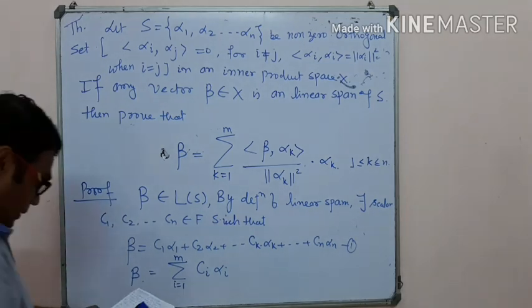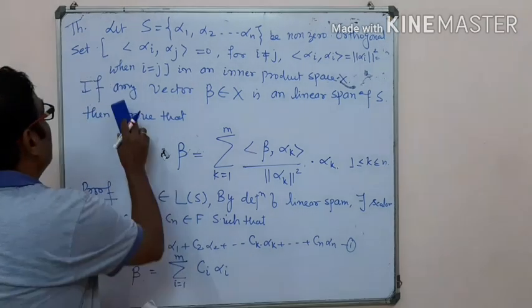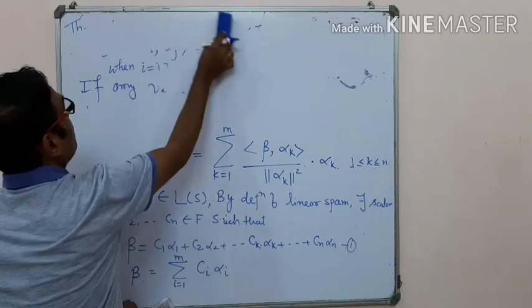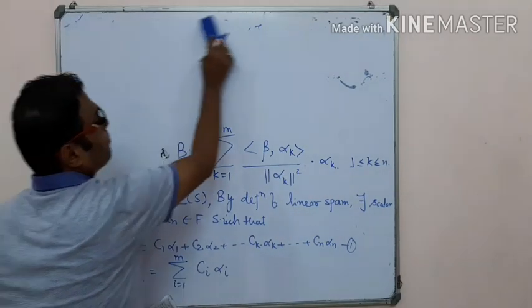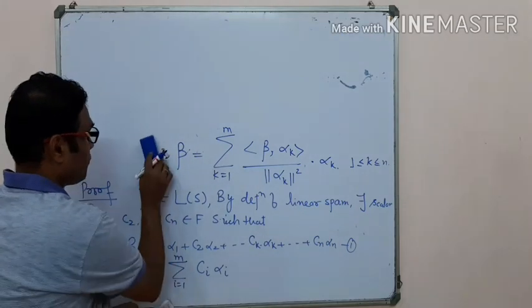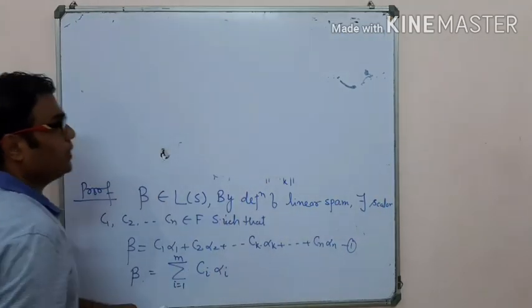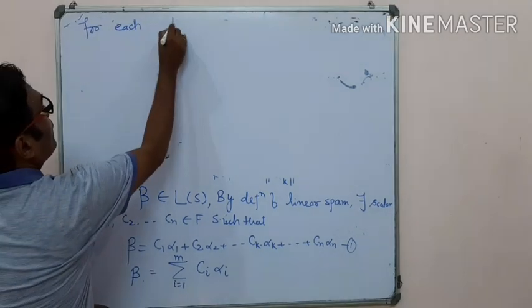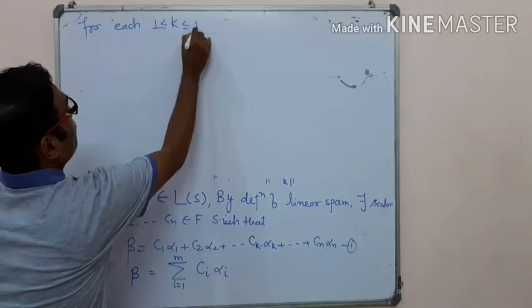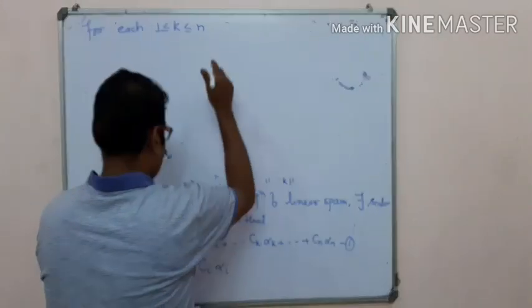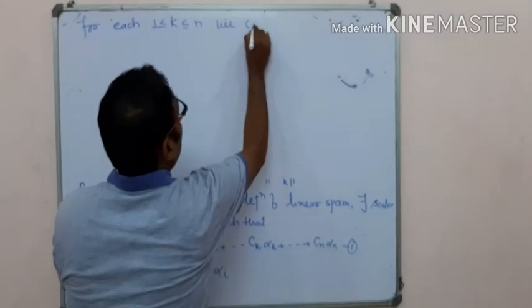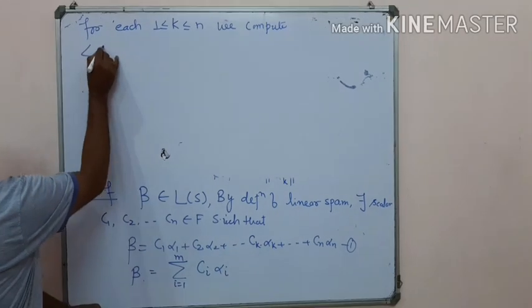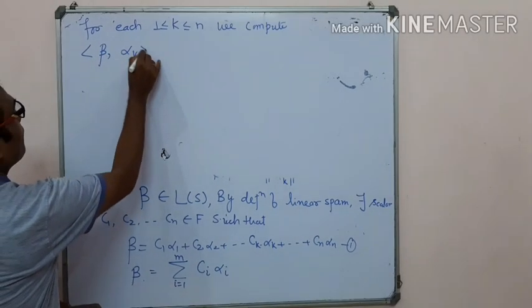Now for each k in between 1 to n, we compute the inner product of beta comma alpha k.